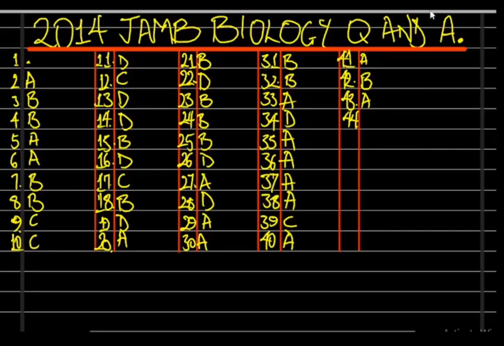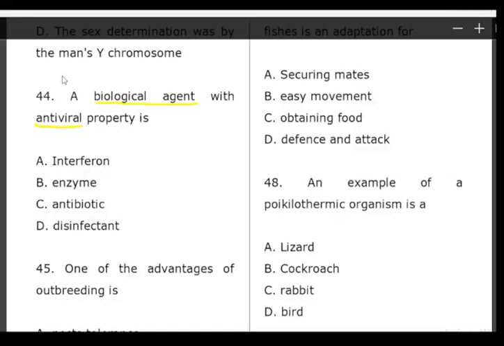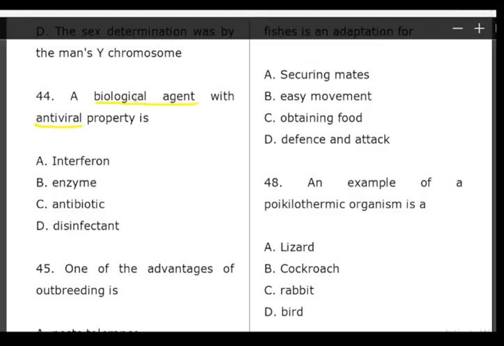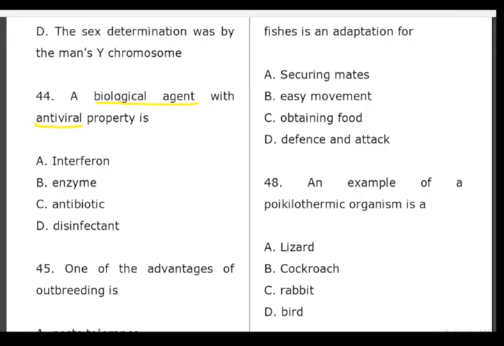When we talk about a biological agent, we are talking about substances that are produced in a living organism or in a living host, substances that are biological or have living properties. And antiviral talks about substances that act against viruses.